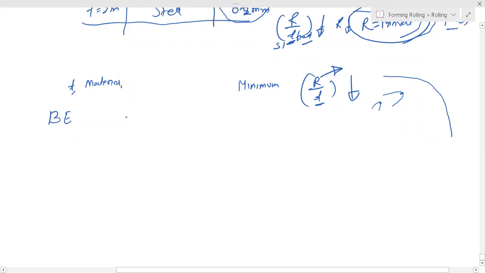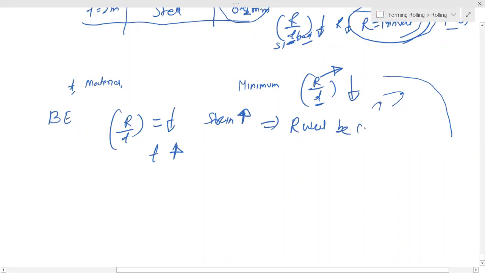But sometimes what happens, if R by T is there and T increases, it means this quantity decreases, it means strain increases. So minimum R will be changed. But in that last discussion, I fixed thickness.